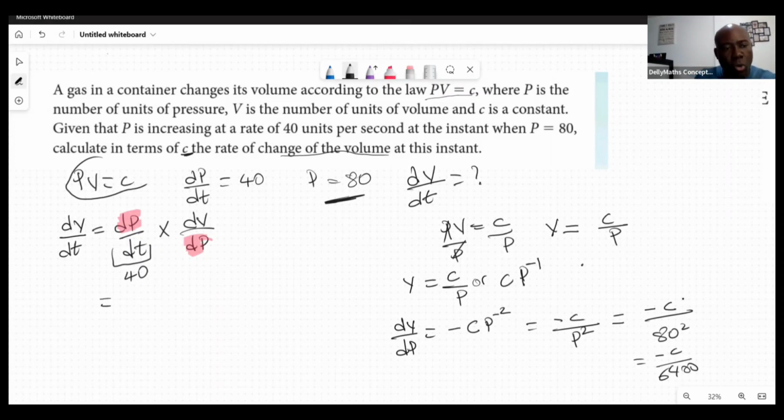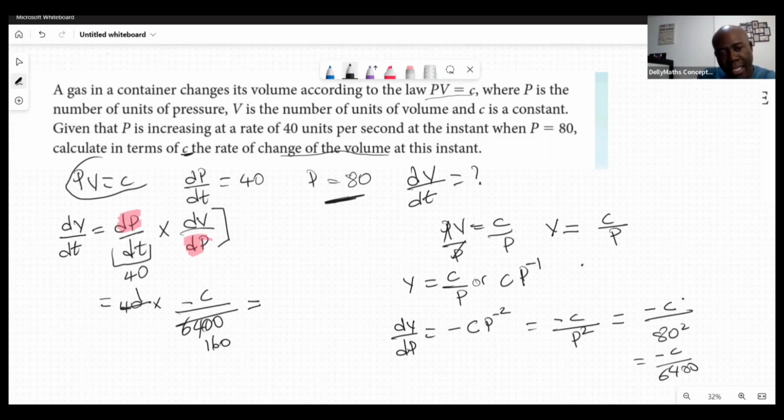So what we have now is that 40 will now be multiplied by dV dP, which is -C over 6400. So I want to cancel that out. 40, 6400 divided by 40, I get 160. 40 to itself one time, 40 to this gives me 160.